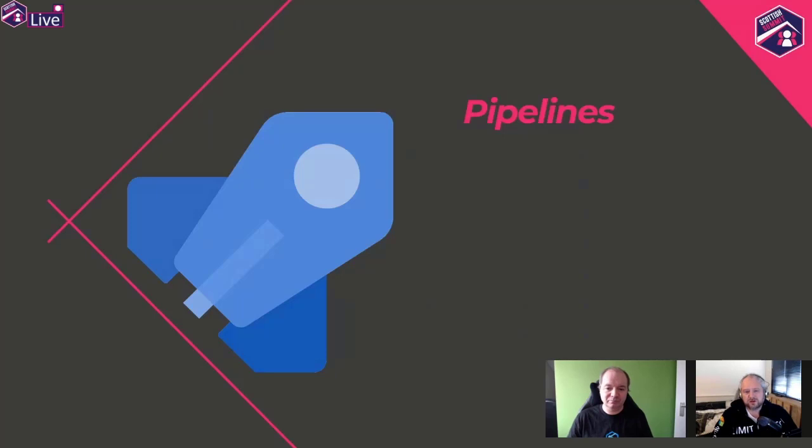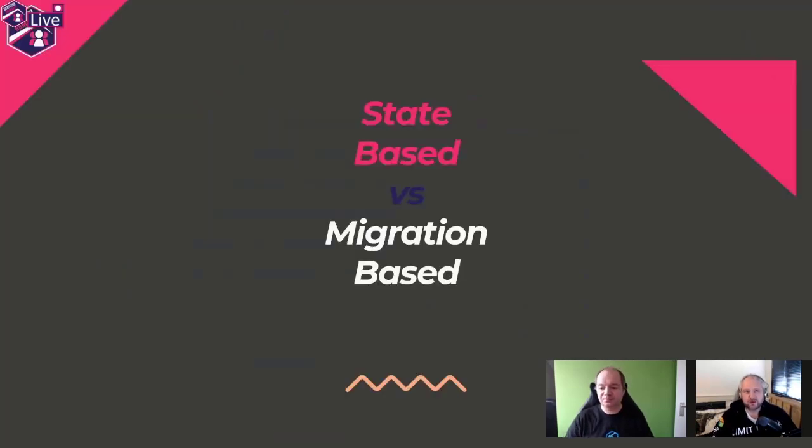Well, we could look to deploy either using state-based or migration-based deployments. What's the main difference between those two? Well, with state-based deployments, you have your Visual Studio solution, and the state of the project in there is going to be deployed to your target.